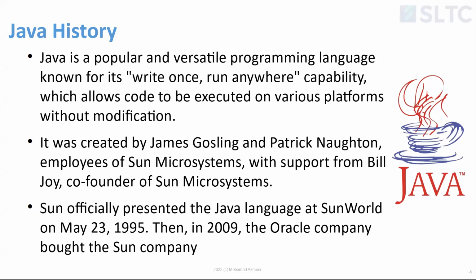It was created by a few people at Sun Microsystems. And in 2009, Oracle acquired Sun Microsystems. So now that's why you see Oracle Java everywhere, because Oracle bought the company Sun. Actually, they didn't buy it for Java; they bought it for something else. But then Oracle now owns Java language.